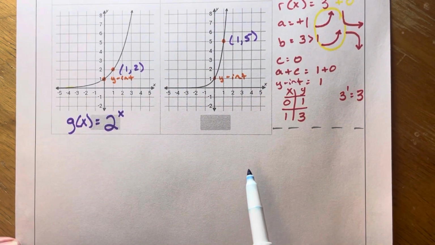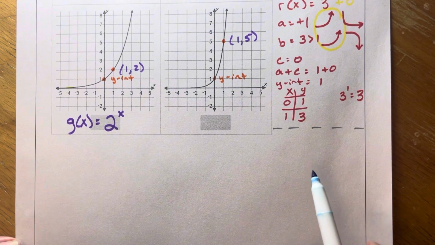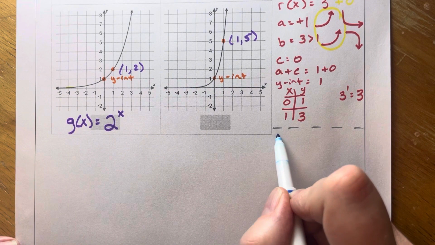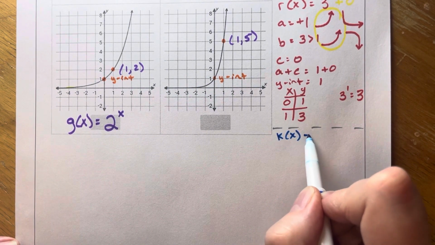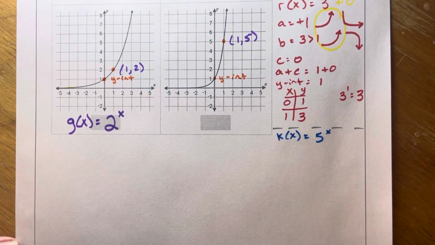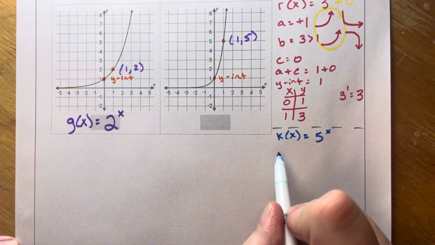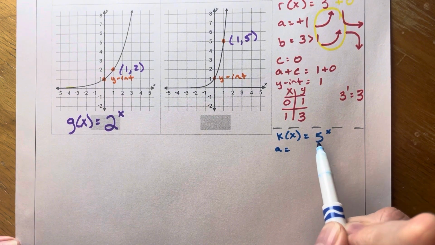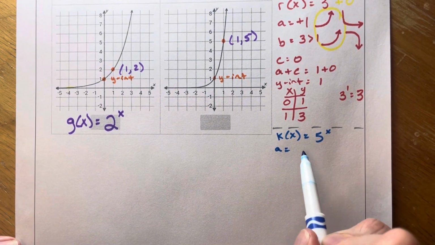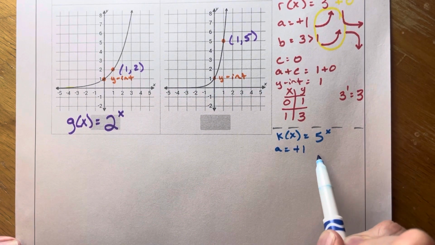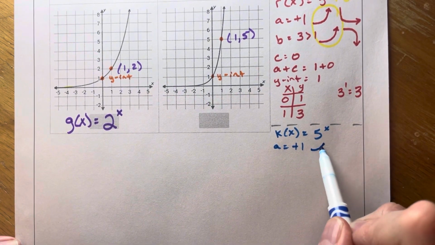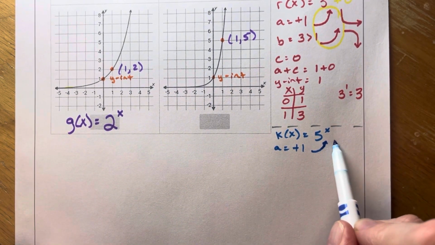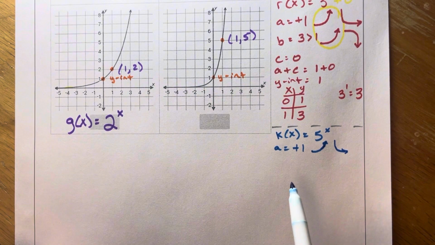For the purpose of being able to see the writing of analyzing graphs, we're going to analyze in a slightly out of order fashion. So let's look at k of x is equal to 5 to the x power. So again, let's start off with a. So a still is sitting here in front of the 5 as an invisible, understood, assumed positive 1. And we know that means our curve is going to travel steeply upward to the right, or it's going to flatten out, bottom out as we travel to the right.